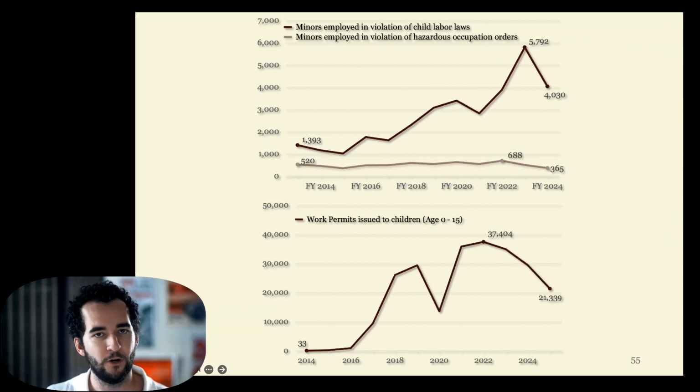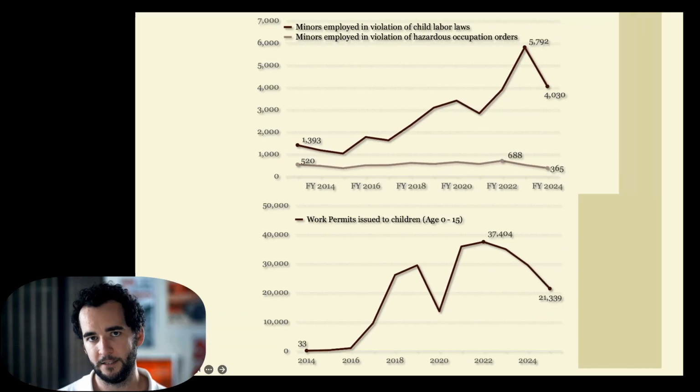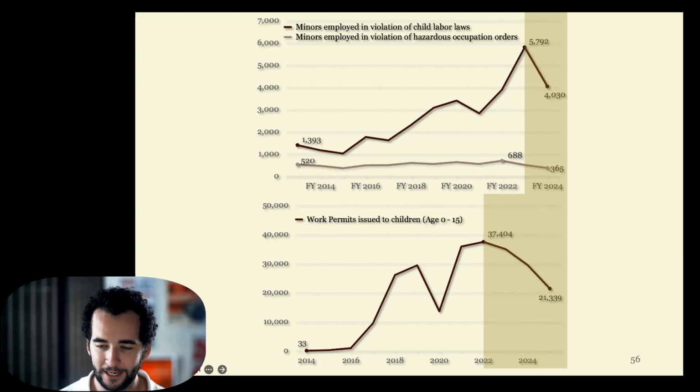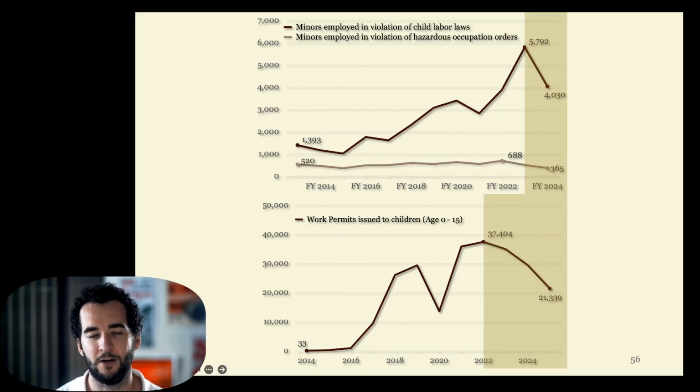So, returning again to these graphs, trying to explain what this dip might be, I contend that this dip represents the changing legislative environment around child labor laws, and has much less to do with whether there are fewer children actually working.